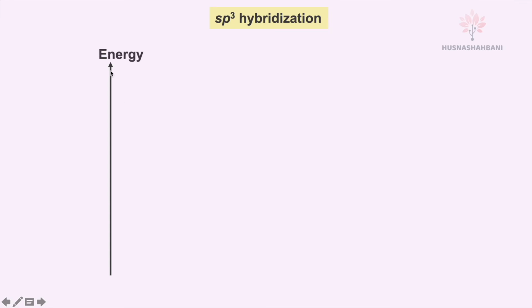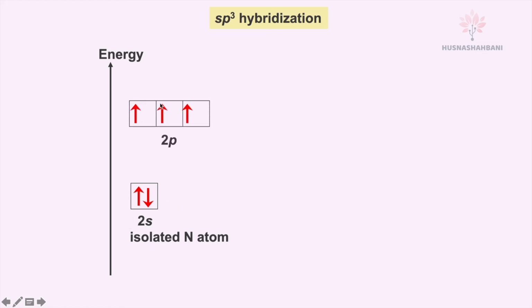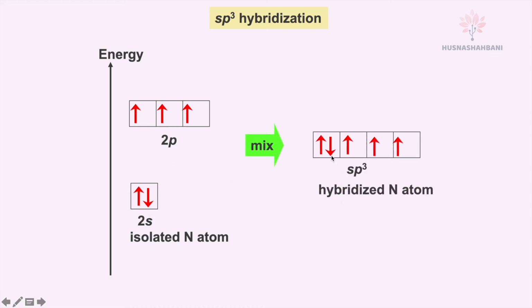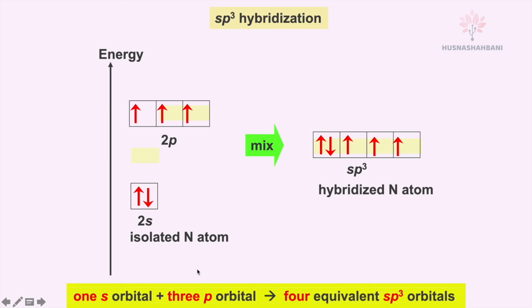The sp3 hybridization energy level diagram: the central atom's valence electrons involve 2s and 2p, and you mix these 2 orbitals together, making 4 sp3 hybridized orbitals, and it's in between 2s and 2p. The energy level of sp3 is in between them. 1 s orbital is involved and 3 p orbitals are involved, so 4 equivalent sp3 orbitals in total.